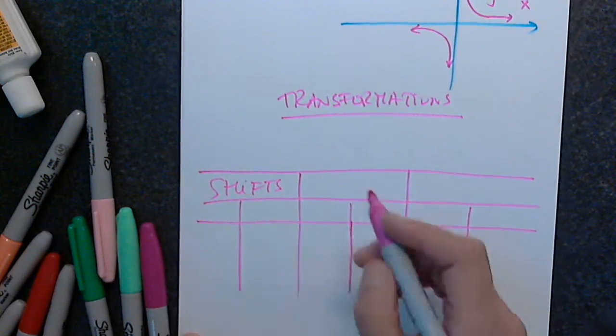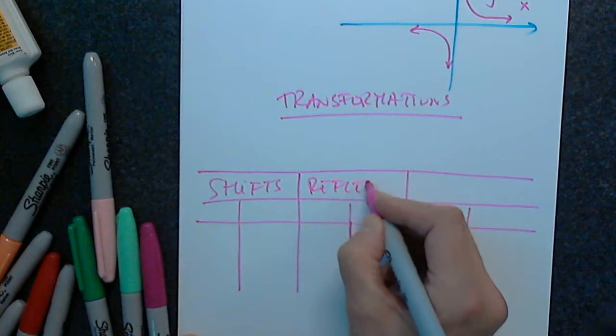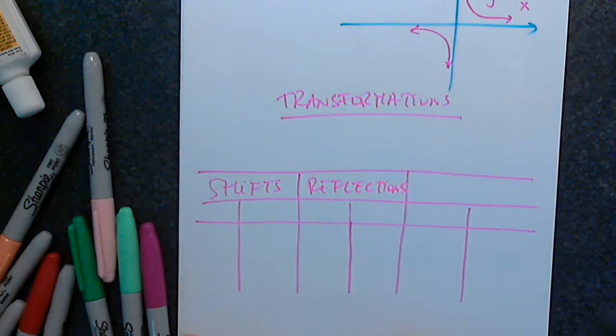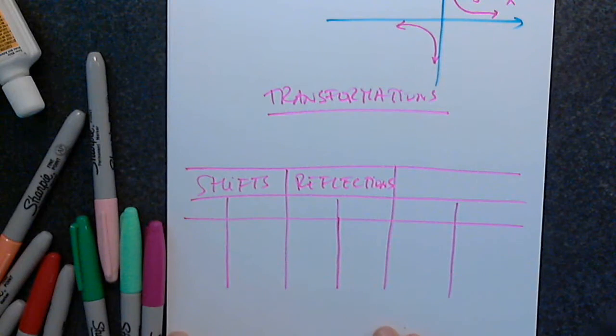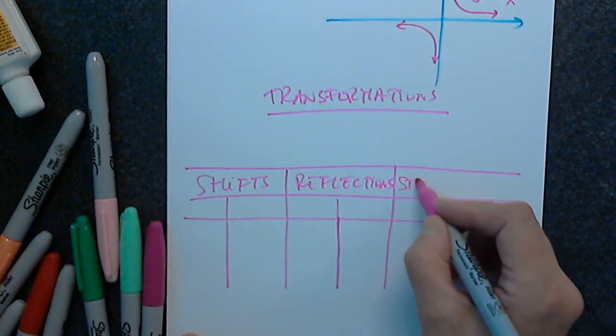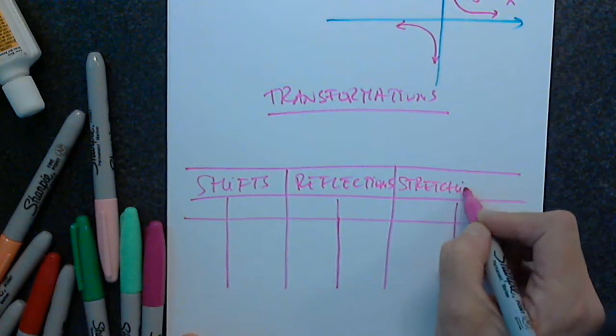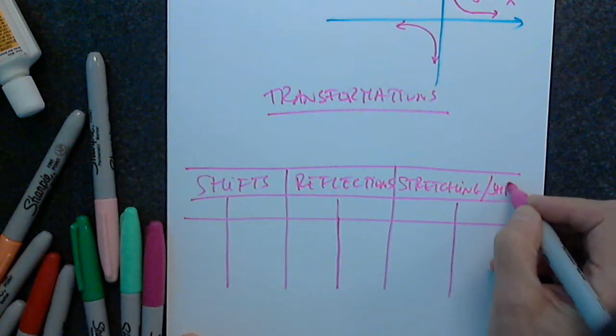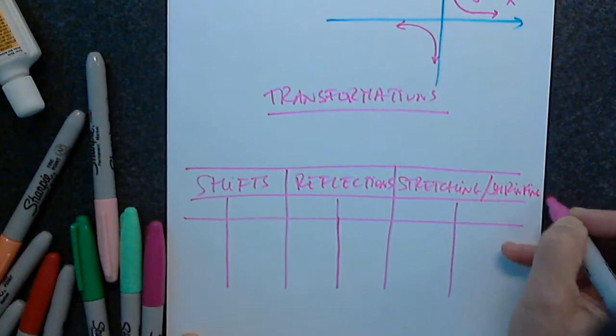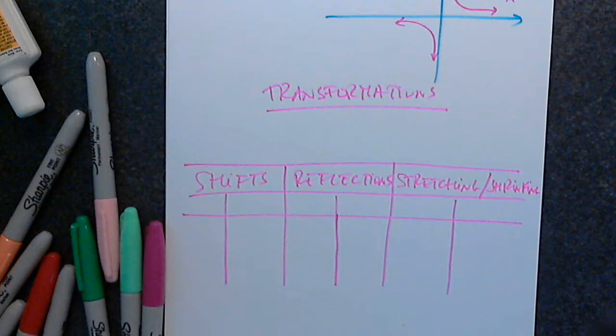Second type, reflections. And the last one is stretching or shrinking. So shifts, reflections, and stretching and shrinking.